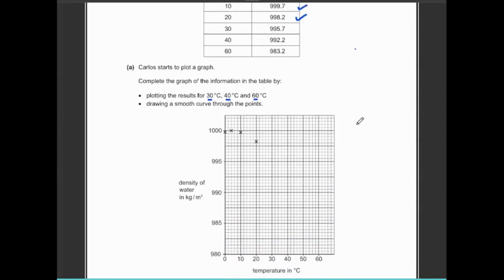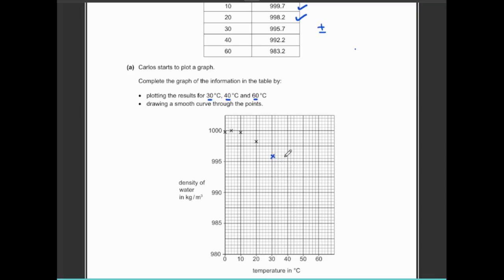So 30 is 995, and plus and minus will always be accepted in the IGCSE paper. So where do we land on 995? There you go, 995.7, so at 30 it should be somewhere here. We mark an X here at 30 degrees Celsius.